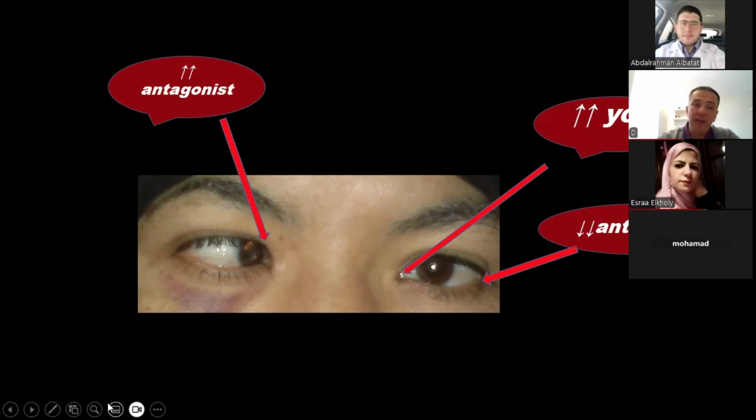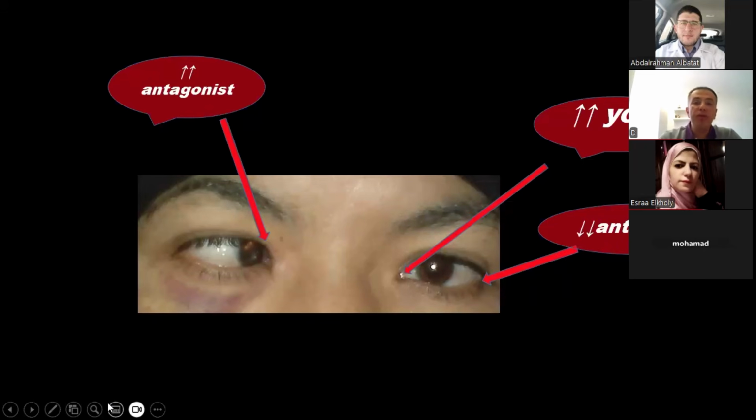So still we have failure or diminution of abduction of the right eye. On the other side, the medial rectus is perfectly well, so it will receive the same amount of over-innervation under the effect of Hering's law, so it will be much more adducted.